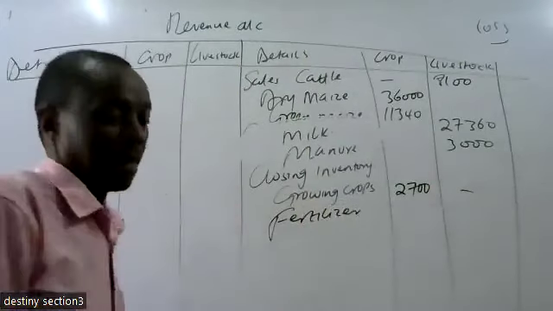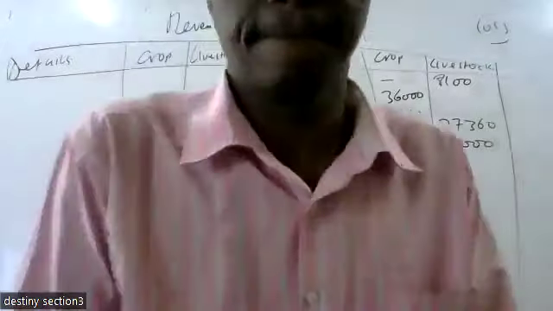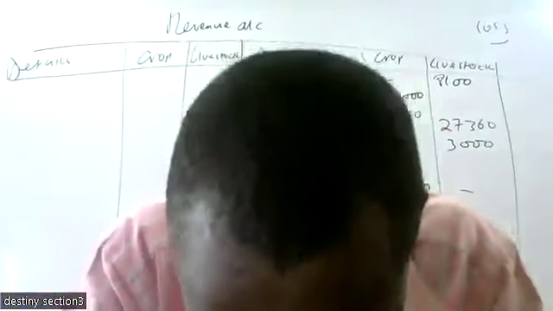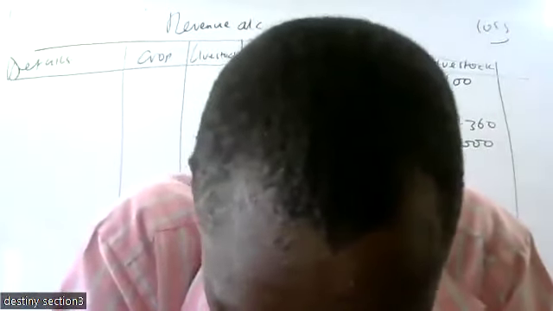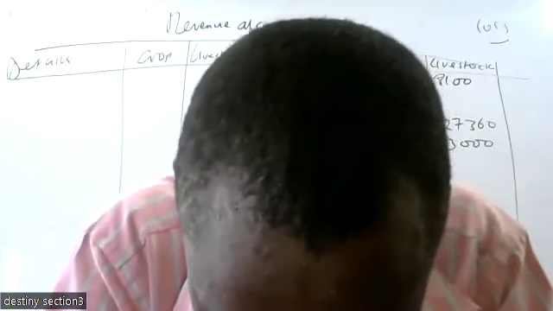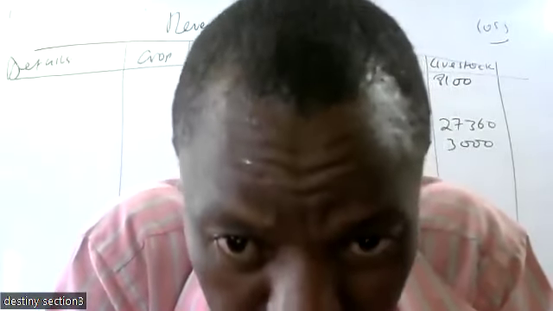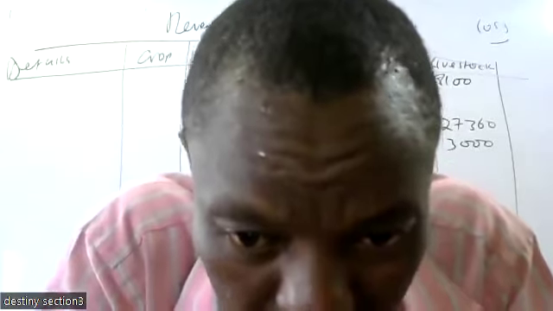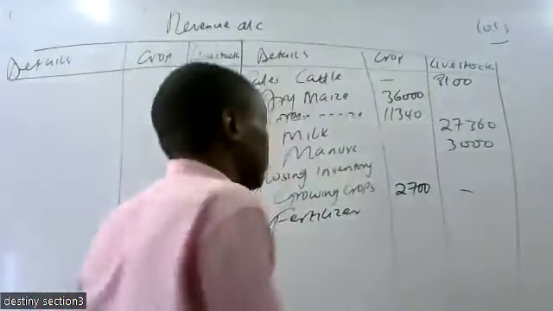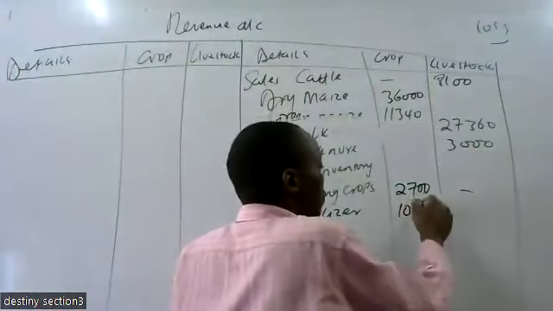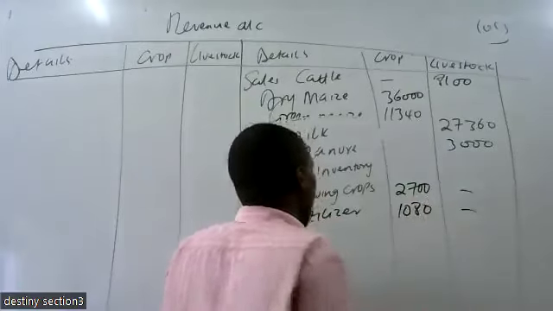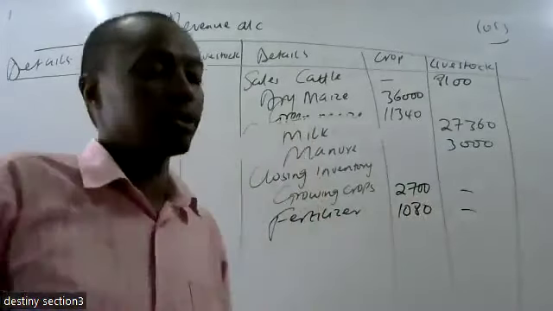How much? 1,080. It goes to crop. We have that item of closing inventory, which one?